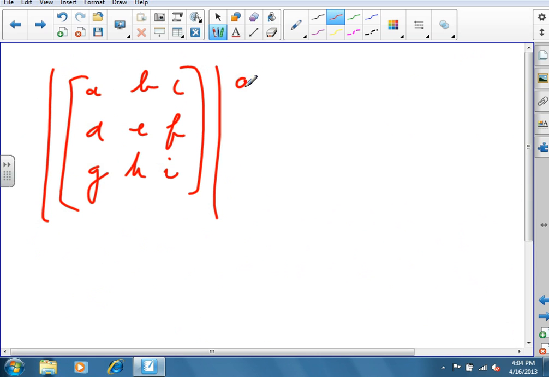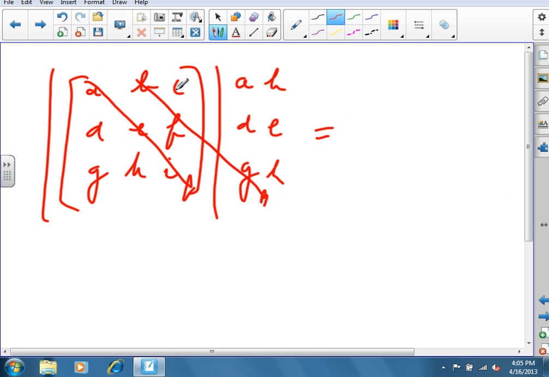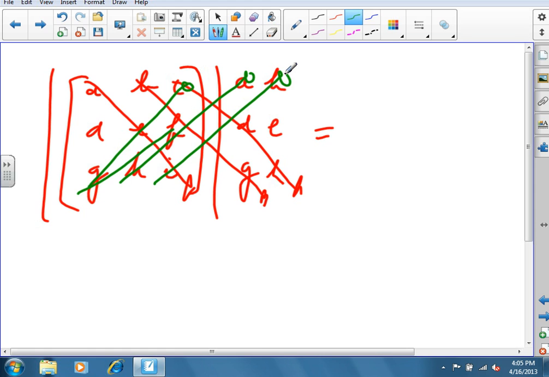So I recopy over A, B, D, E, G, H. And I say those guys multiplied together plus those guys multiplied together plus those guys multiplied together minus these guys multiplied together minus those guys minus those guys. Is that perfectly clear? I was just wondering, I do it a different way, but I don't write it down.